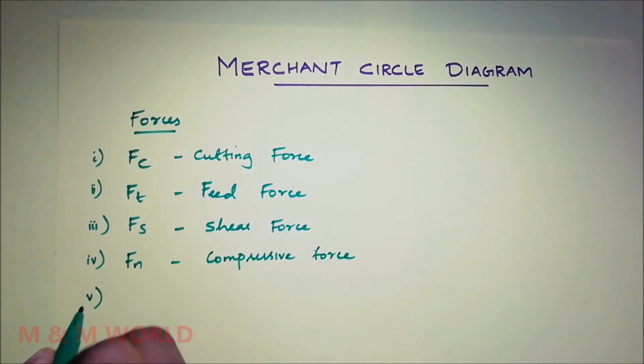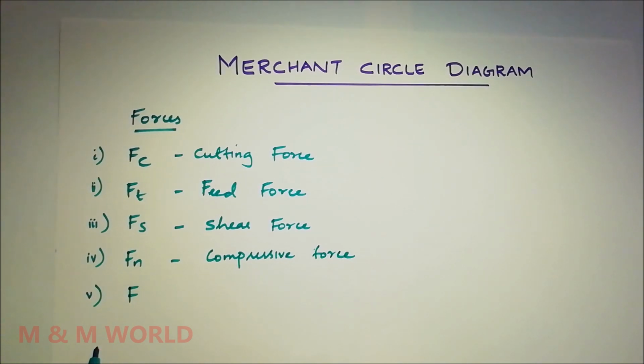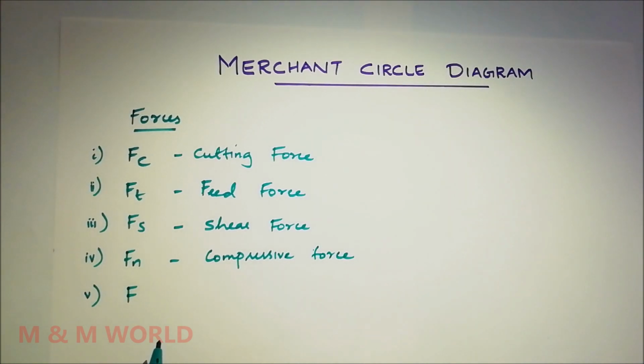Then the fifth one is F. F is the frictional resistance of the tool, so it is the frictional force.